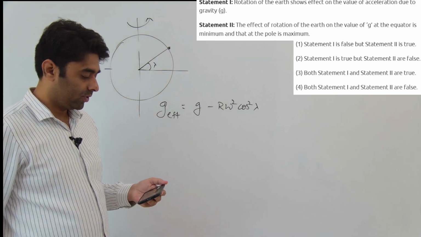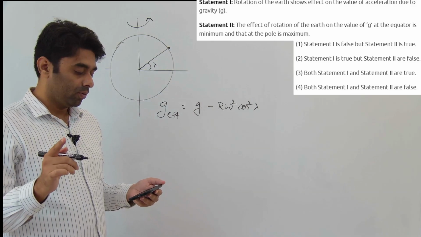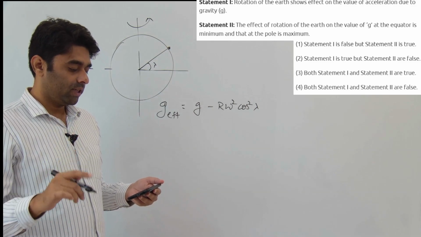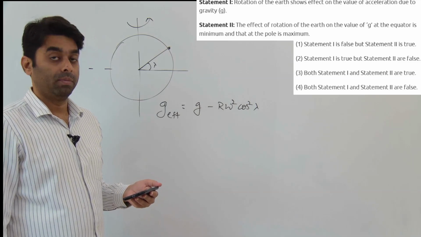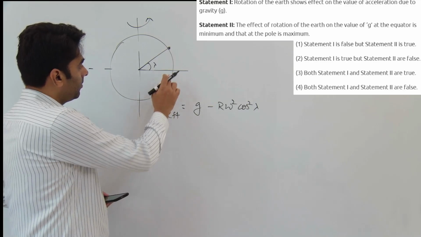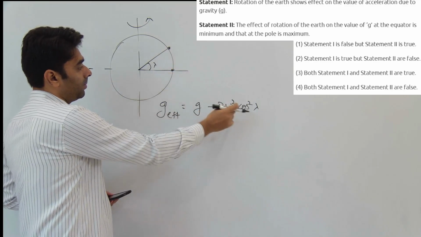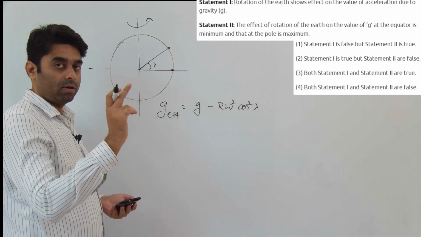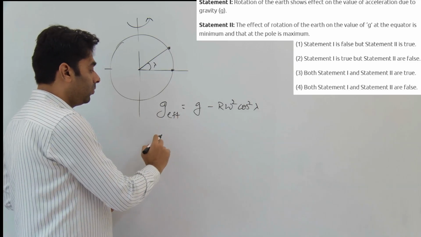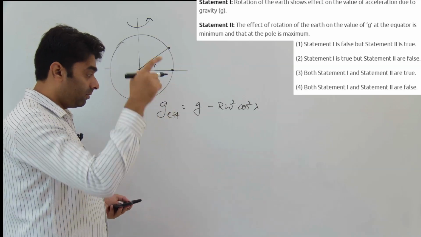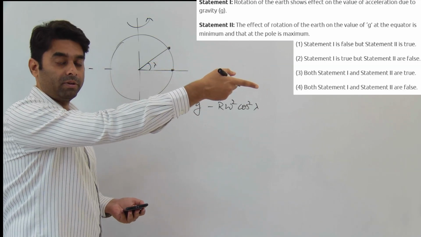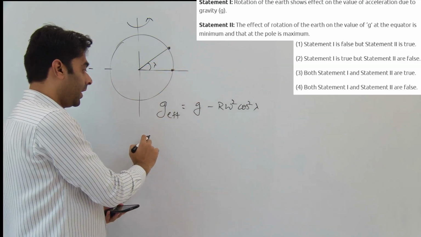What does statement 2 say? The effect of rotation of Earth on the value of g at the equator is minimum, and at the pole it is maximum. Let us see. At the equator lambda value will be 0, cos 0 is 1, and therefore at the equator it will have maximum effect.